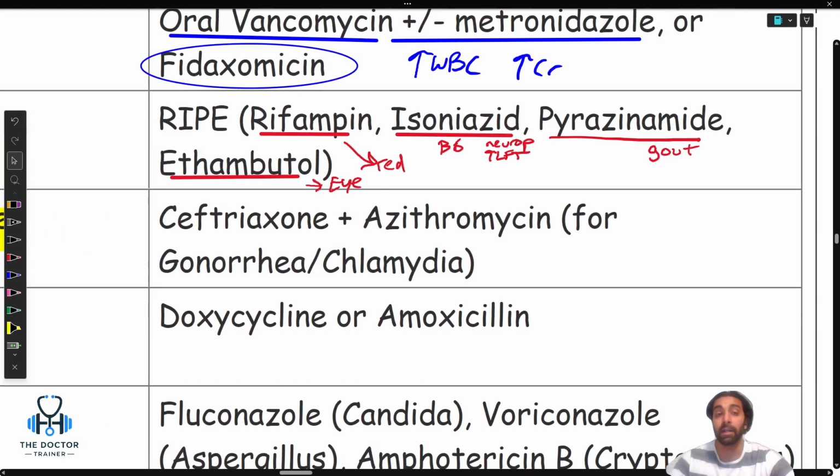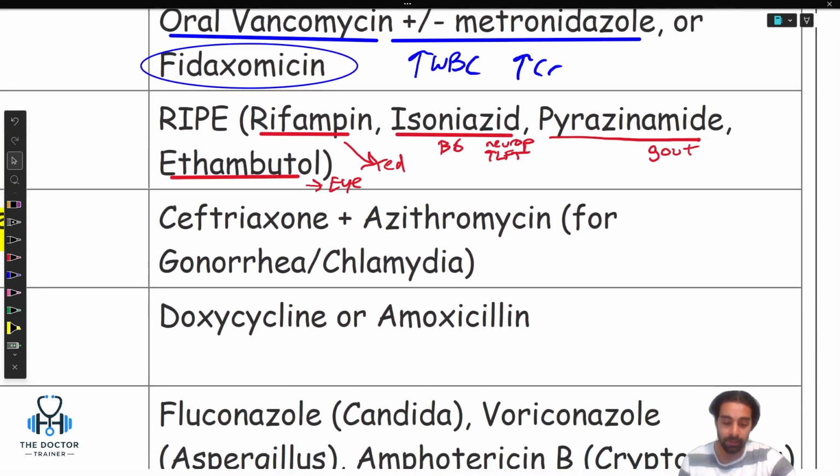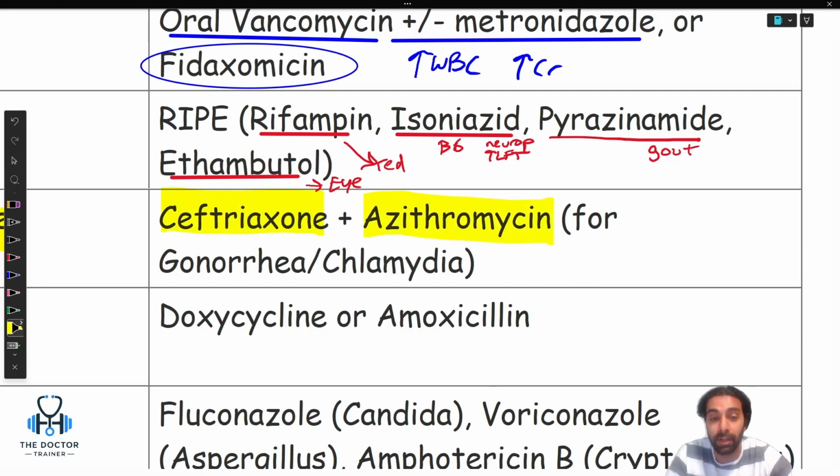So if you were just thinking about run-of-the-mill and you're thinking about gonorrhea and chlamydia in the outpatient setting, a perfect option for you is giving IM ceftriaxone and azithromycin to cover gonorrhea and chlamydia respectively.